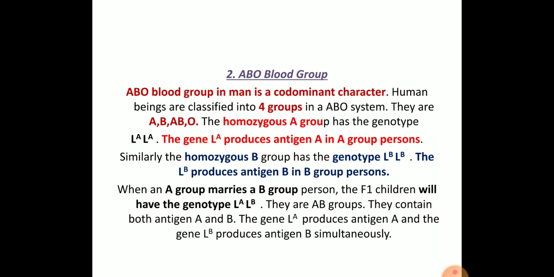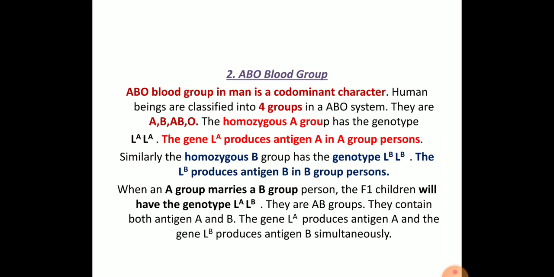Second, the ABO blood group. We will be studying this blood grouping in multiple allelic interaction in detail also. Here I have mentioned just how the blood groups act as codominant.